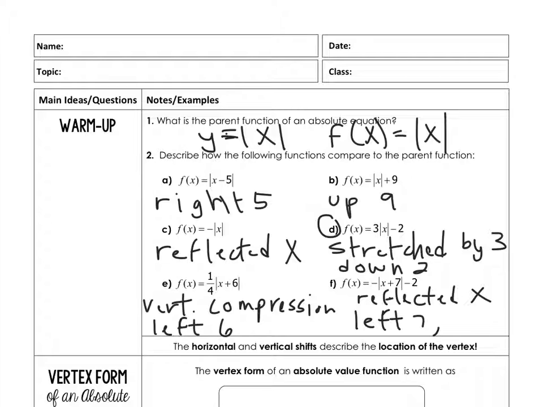And we also had the output changed by -2, which means we're going to go down by 2. Okay, so we have lots of things going on in F. Okay, so all of that stuff, or most of that stuff, we've talked about in class, and so you should be able to clearly see those particular translations.